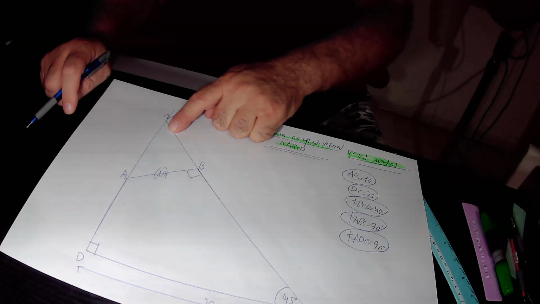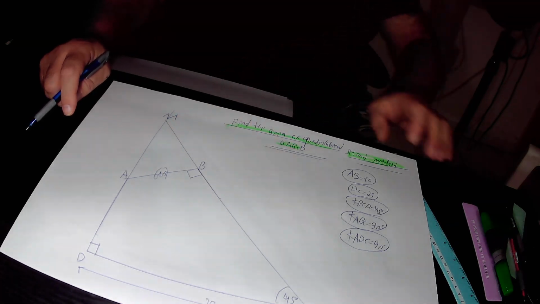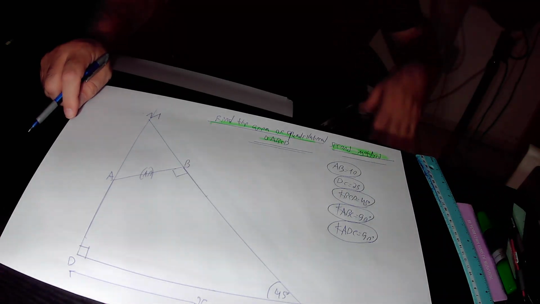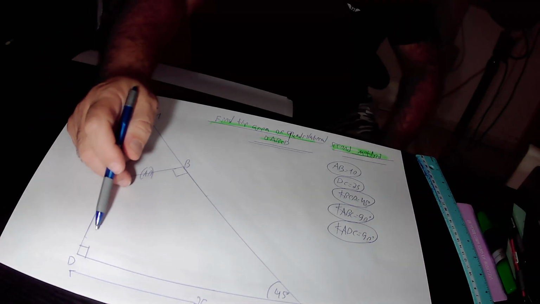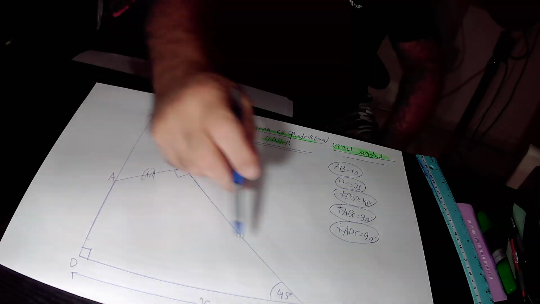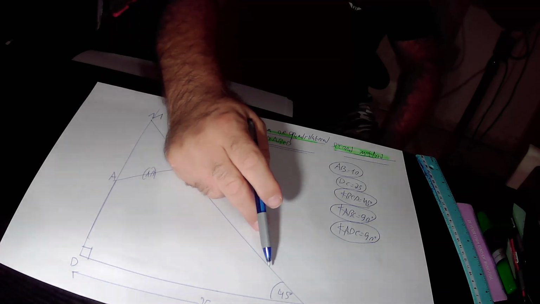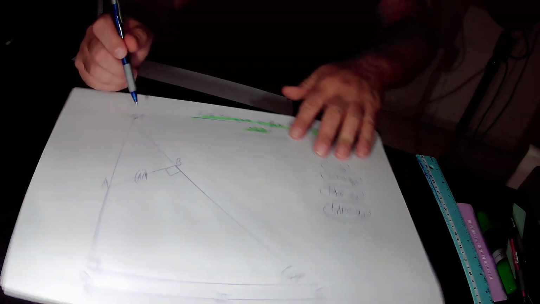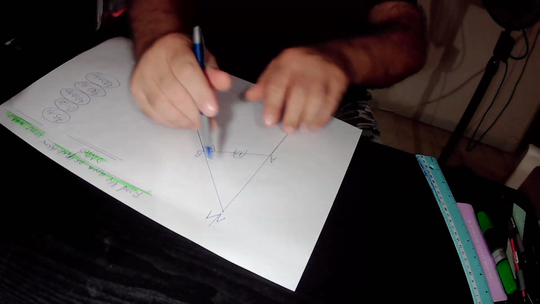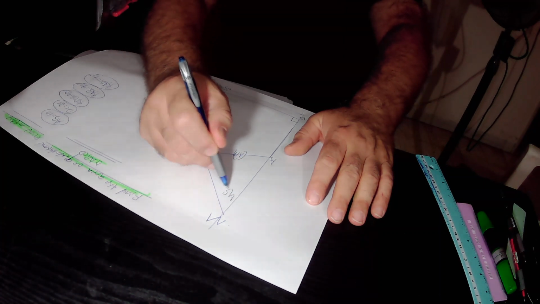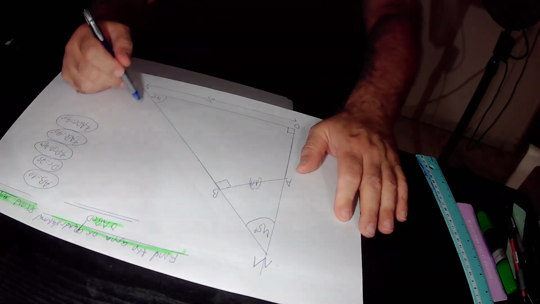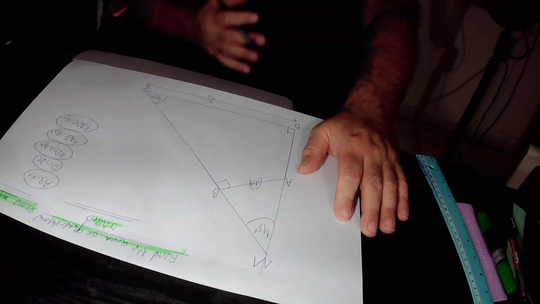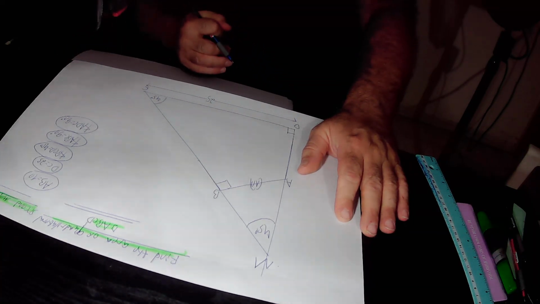In total, they must be equal to 180 degrees. 90 degrees plus 45 degrees is 135 degrees, and therefore this missing angle must be equal to 45 degrees in its size. 45 plus 45 is 90, and 90 plus 90 is equal to 180 degrees.